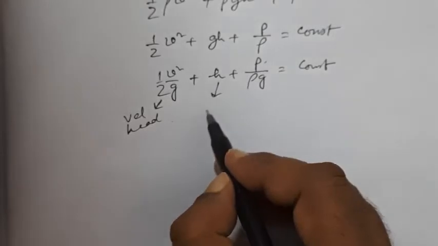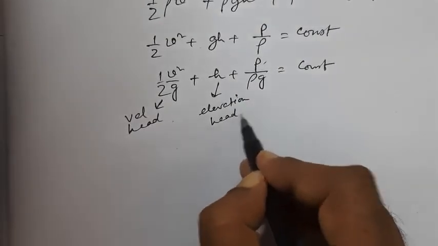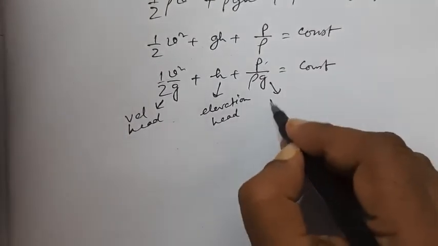Now v square by 2g is known as the velocity head. This is known as the elevation head, the height, and this is known as the pressure head.